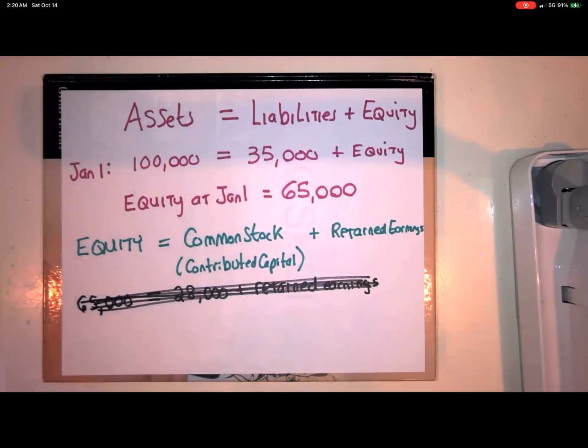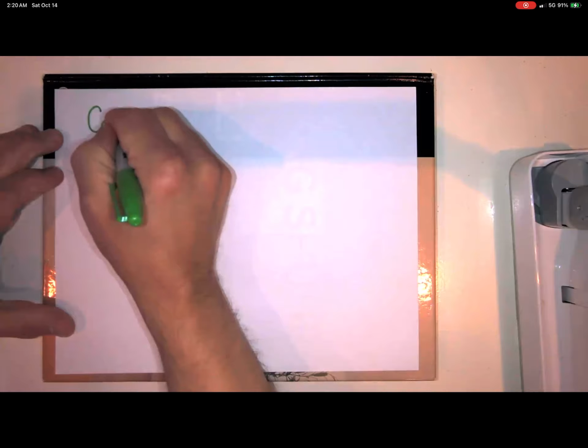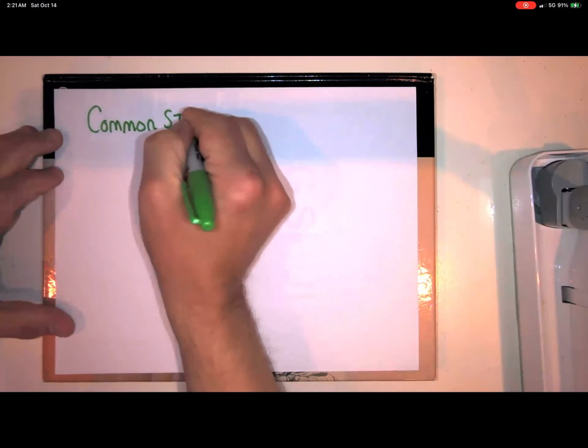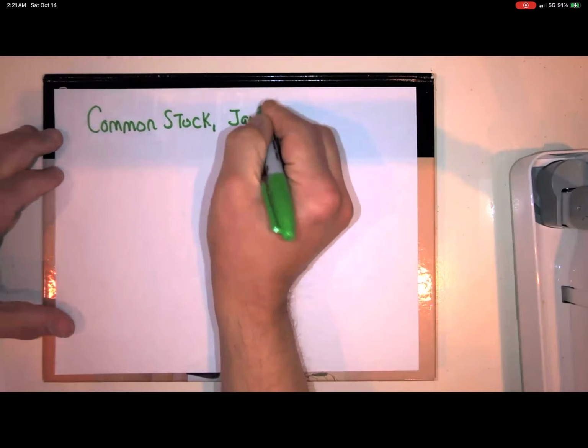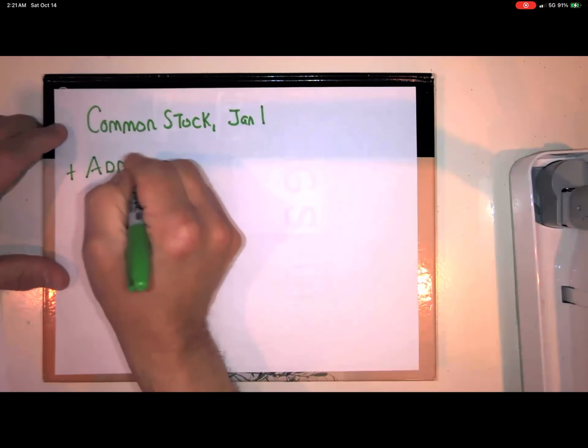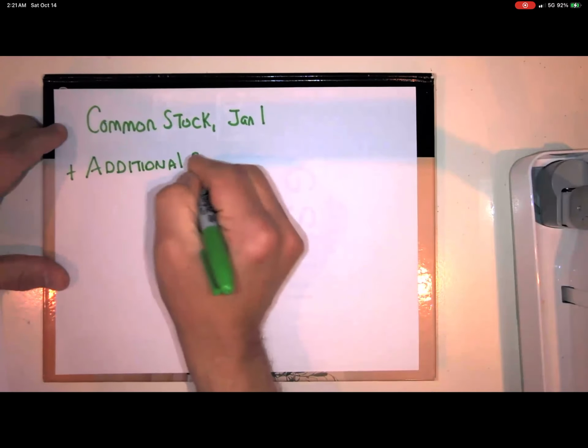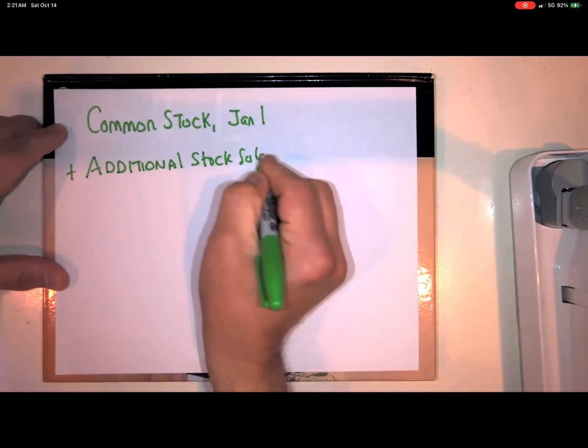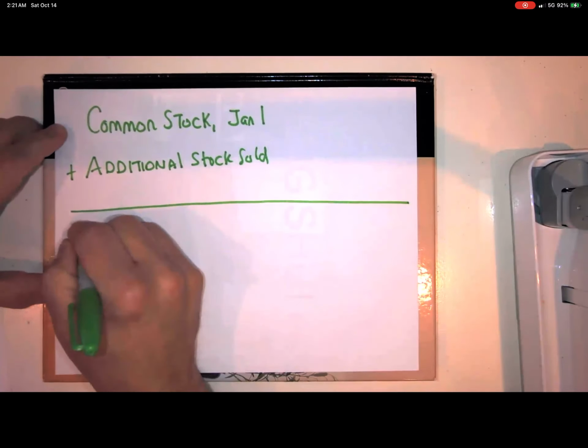We need to calculate the common stock at January 1. So I'll come back to this page in just a moment. Flip over here for a second. You guys saw in module 4 financial statements this week, this equation. The common stock balance at the beginning of the year, or common stock at January 1st, plus all additional stock sold gives us our ending balance.